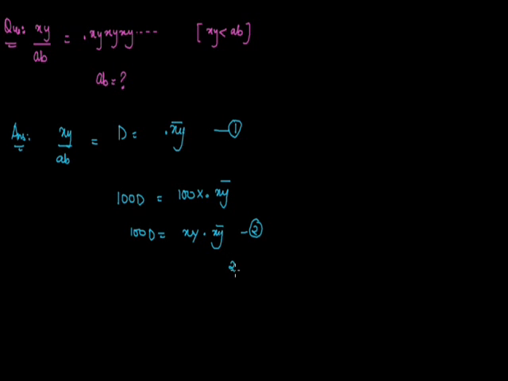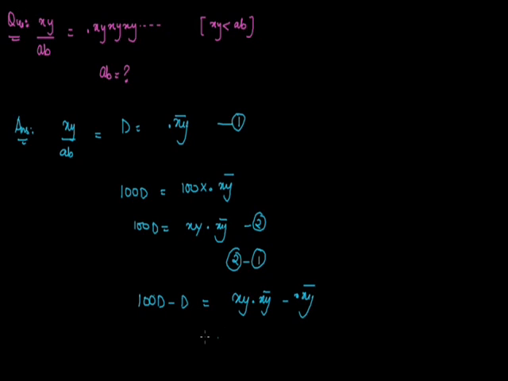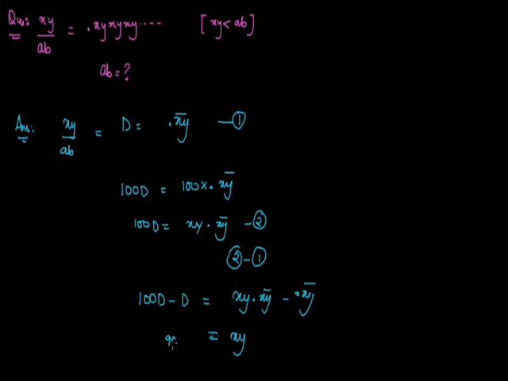We'll subtract equation 1 from equation 2, and this will give us 100d minus d is equal to xy.xy bar minus 0.xy bar. The 0.xy bar will be removed by this 0.xy bar, and we'll get only xy on this side, and on this side we'll get 99d.